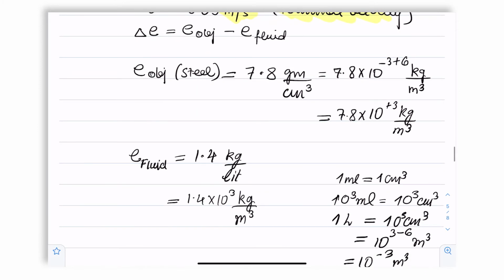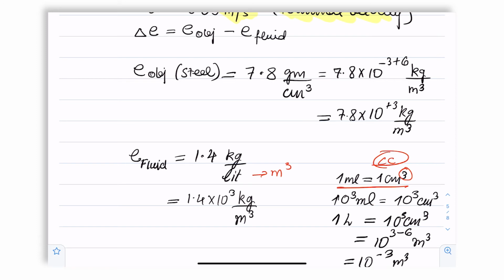Density of the fluid is, for honey, has been reported to be 1.4 kg per liter. We want to convert from liter to meter cube. In order to do that, we refer to our standard idea. 1 ml is 1 cc, as it's sometimes called, cubic centimeter.